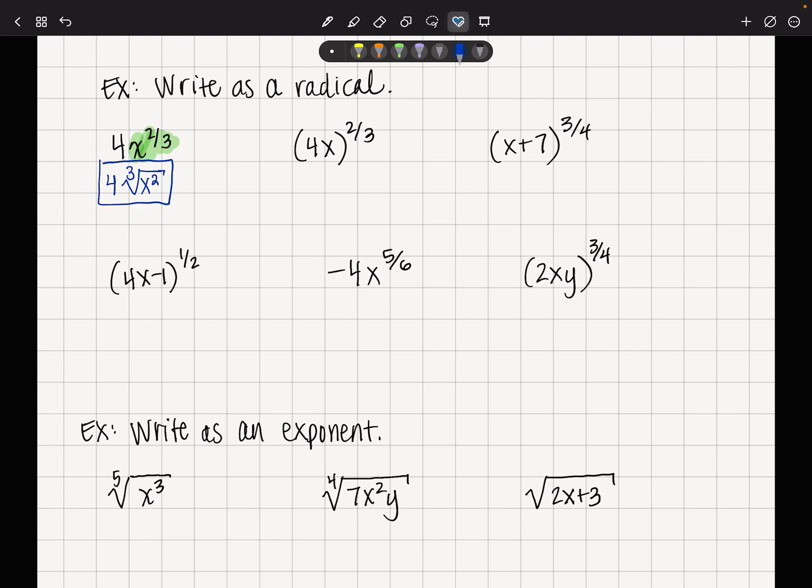Here, all of 4x is raised to the 2/3 power. So we're going to have all of 4x in the radical. Cubed root. And then it's not just x that is squared, but all of 4x that is squared. And 4x times itself is 16x squared.